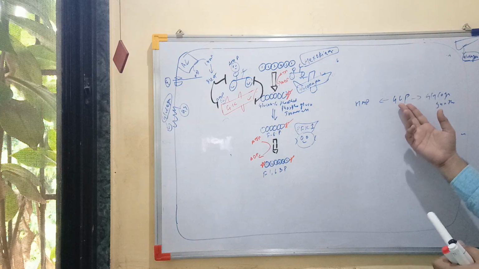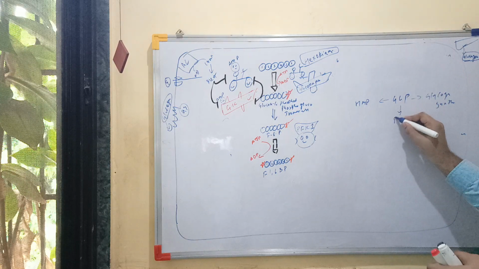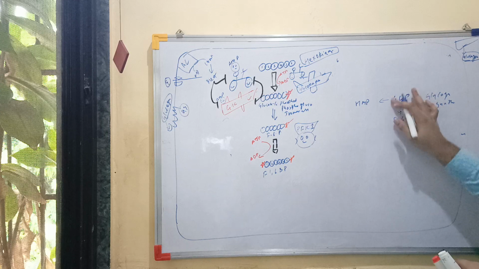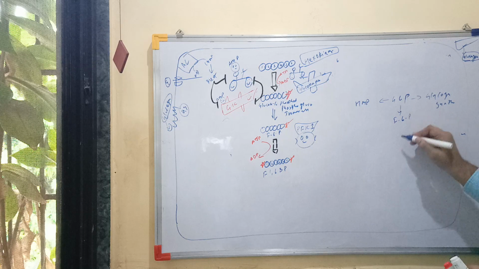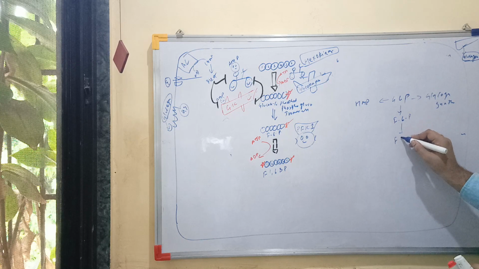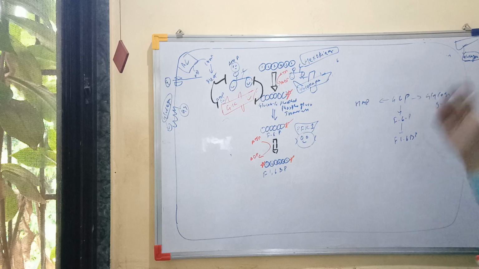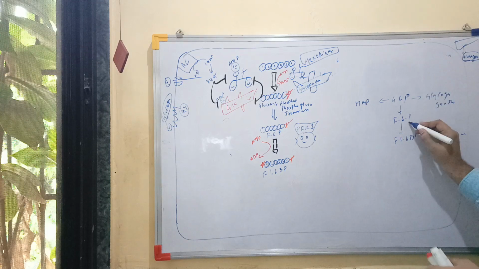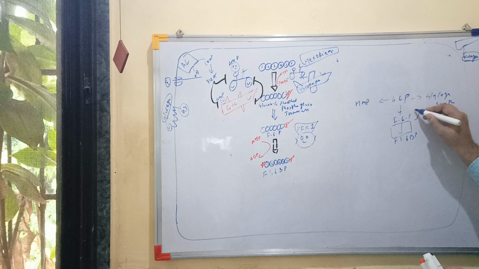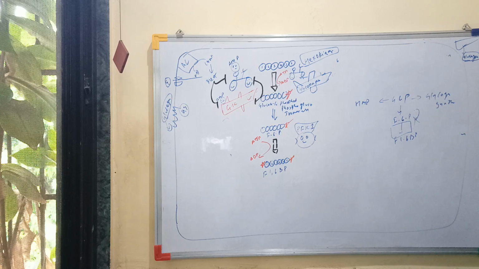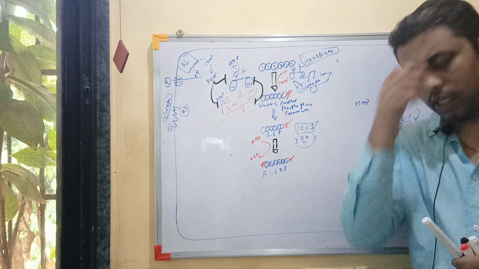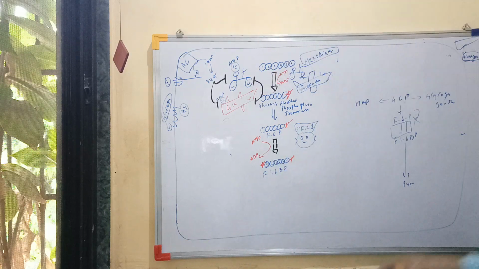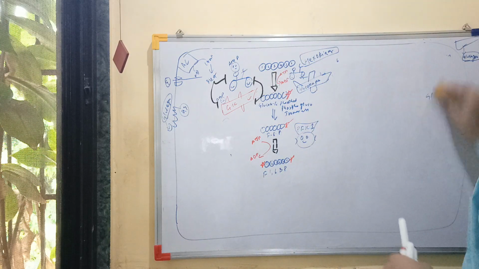And it can also go into glycolysis, correct? But if this step happens, there is no turning back. Then it has to go and make pyruvate. That's why this step is very important. We call this step the committed step.